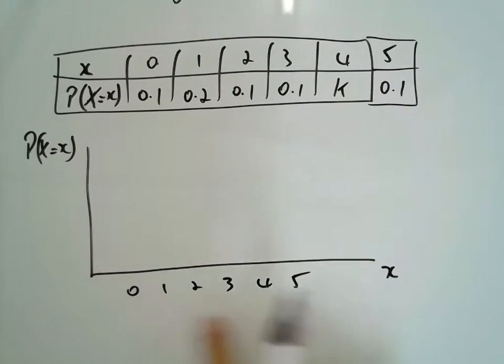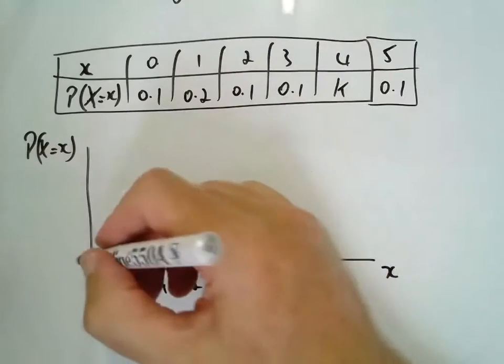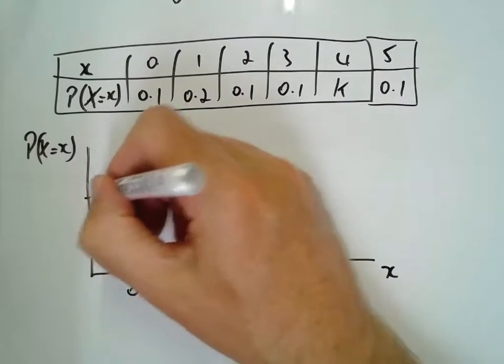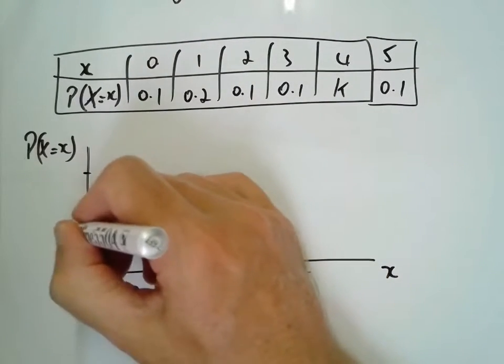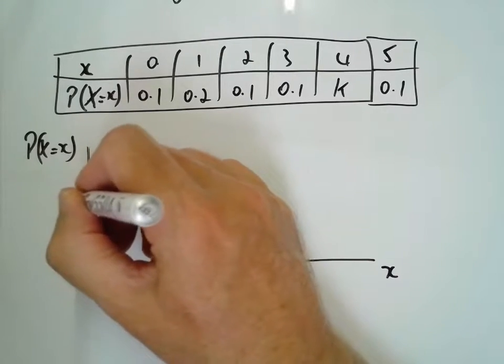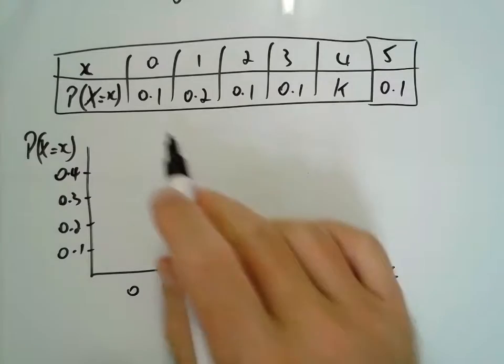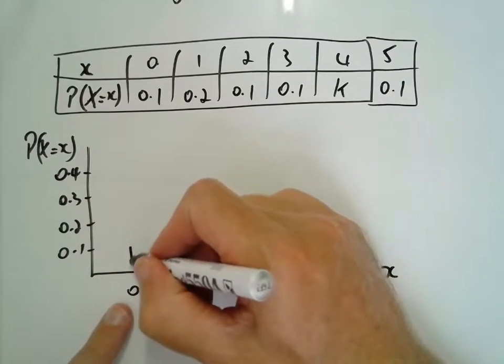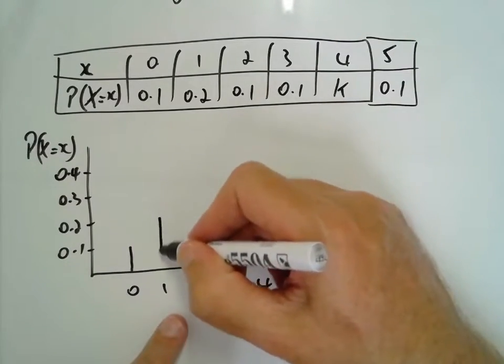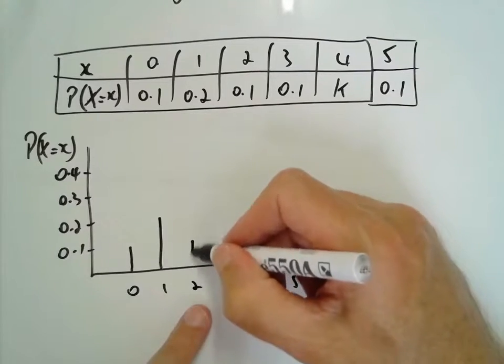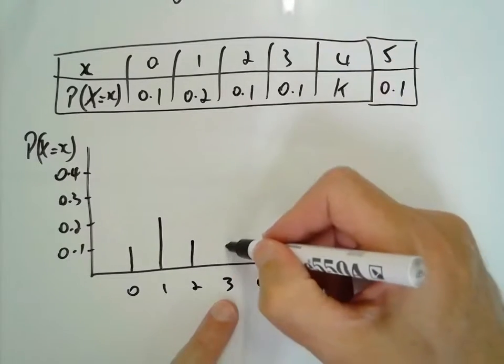Clearly in the test, you're going to use a ruler and space it out properly. And up the side, I'm going to go 0.1, 0.2, and then I'm just going to graph them. 0 is 0.1, 1 is 0.2, 2 is 0.1, 3.